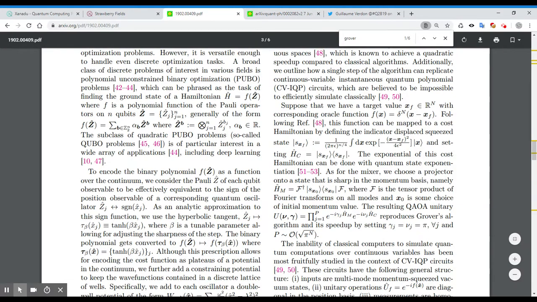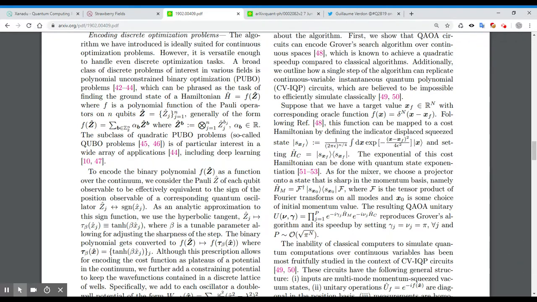I don't know if we can make it even real, 3.5, but let's just say 3, with the corresponding oracle function.